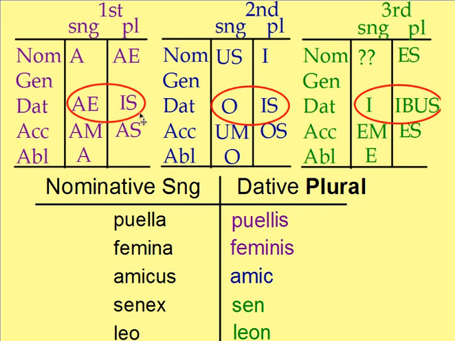It's still IS. So amicus becomes amicis. Senex and Leo, our third declension words, want to take on an IBUS ending. So senex becomes senibus, and Leo becomes leonibus, to the lion.